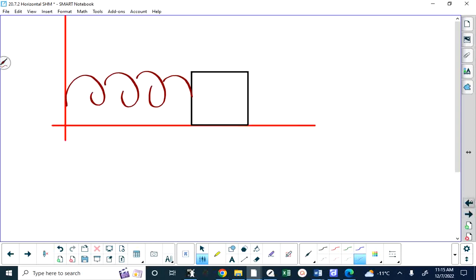This point is the equilibrium position. Just like the point that the pendulum is at right now is the equilibrium position.